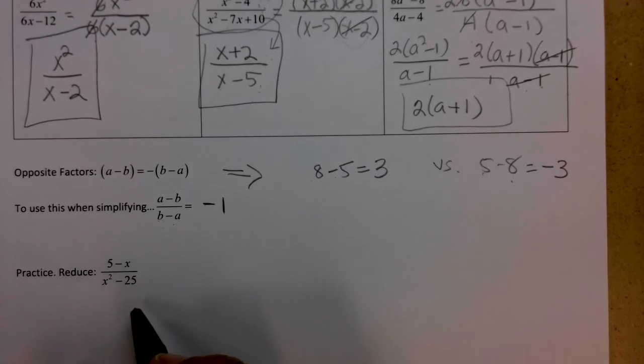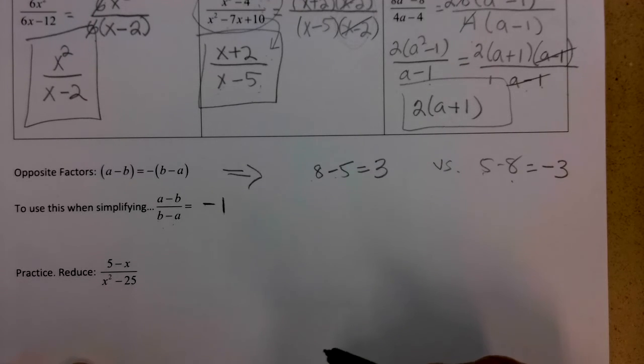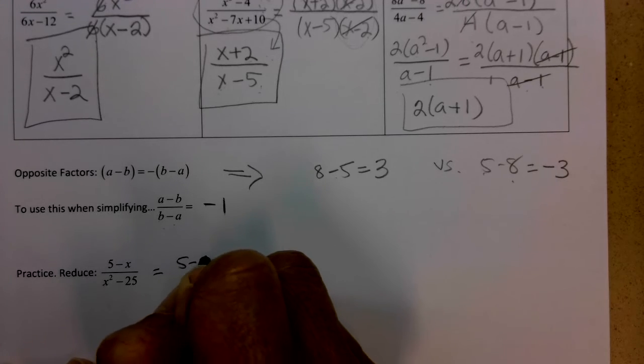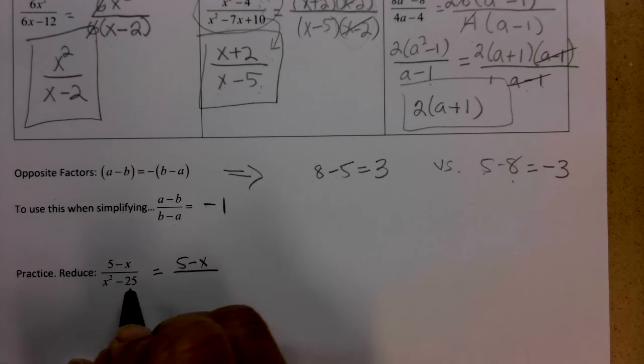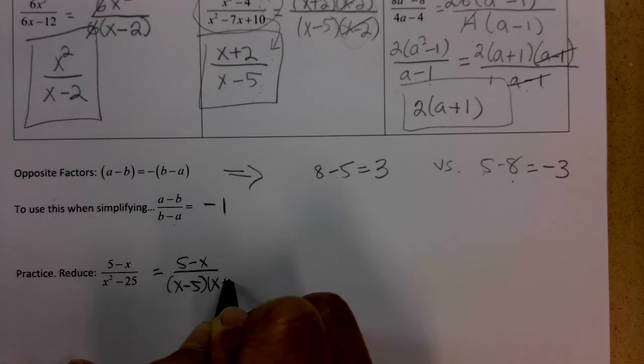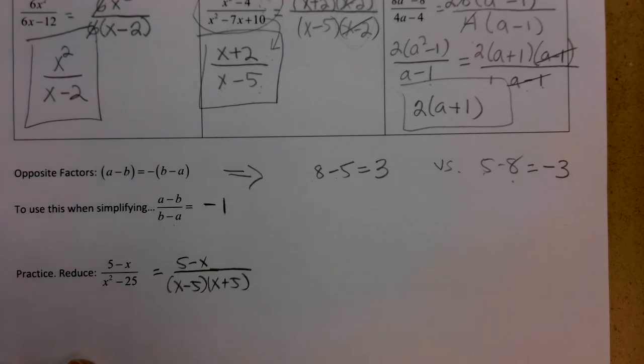Okay, so if you're doing that with a rational expression, how is that going to help us? Well, here we go. So I have 5 minus x on the top. I'm not going to do anything there. On the denominator, we'll go ahead and factor that difference of squares again: x plus 5, x minus 5. So now when I look at this expression to see if I have any common factors, nobody's exactly the same.